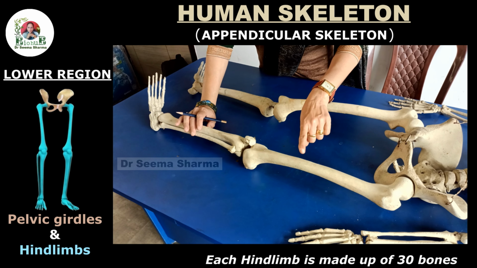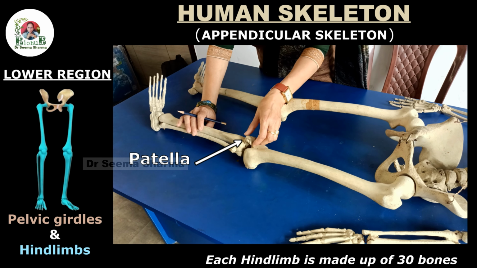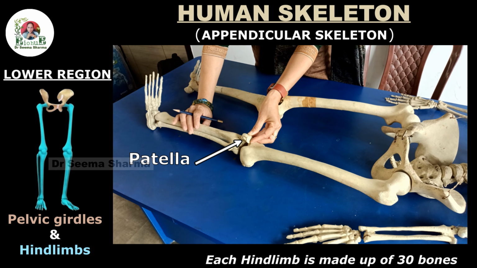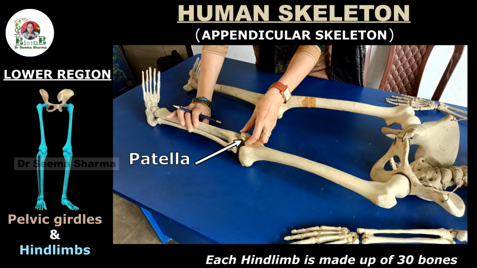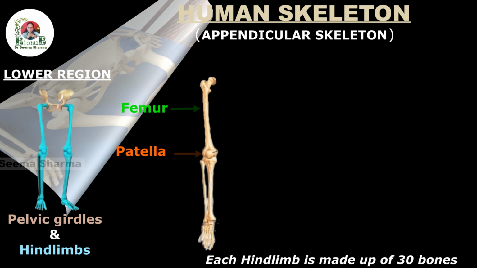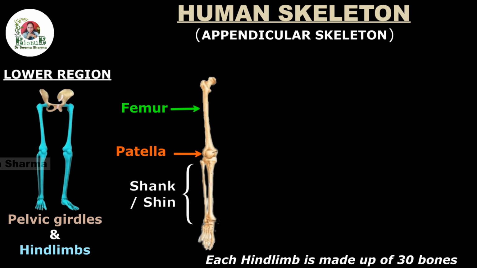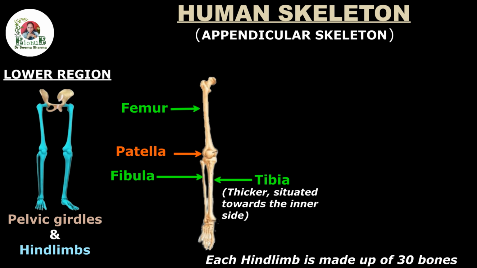It is followed by a circular knee cap called patella. The part of hind limb beyond this patella is called shank and is supported by 2 bones named as tibia and fibula. Tibia is the thick bone situated towards the inner side of the hind limb.